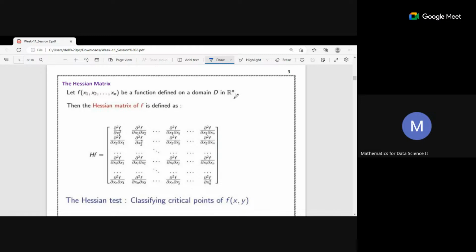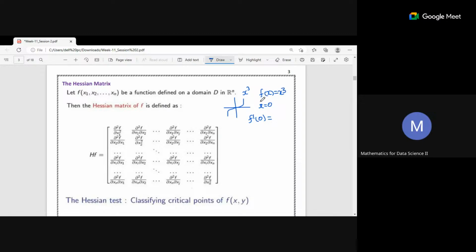For example, in the case of a function of one variable, this is the function we usually take, like x cube or any odd power, x power 3 or x power 5. So what happens at x is equal to 0? What is the derivative of the function at 0? First of all, f of x is equal to x cube.